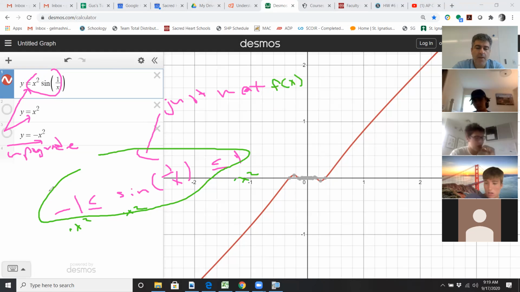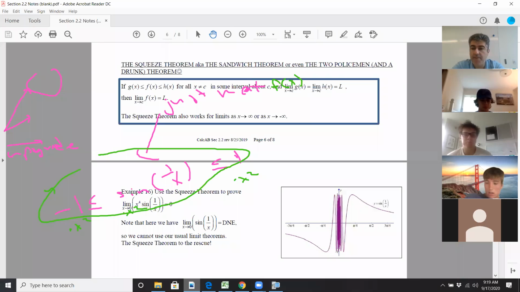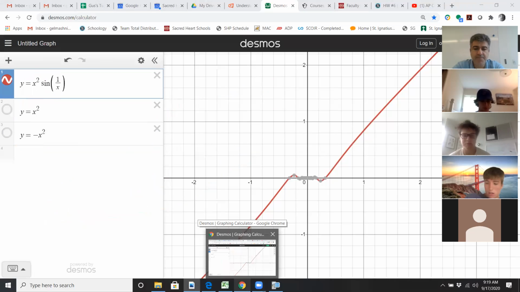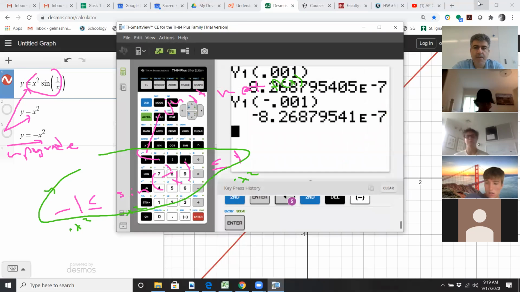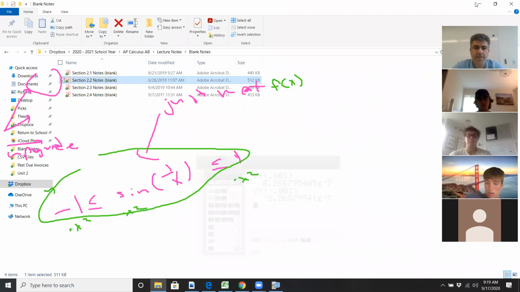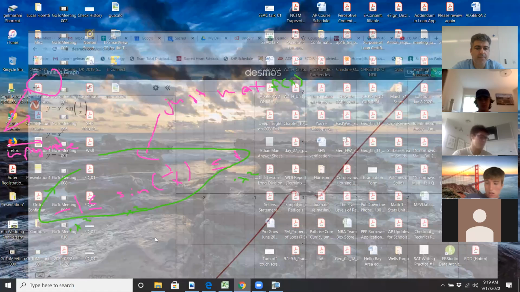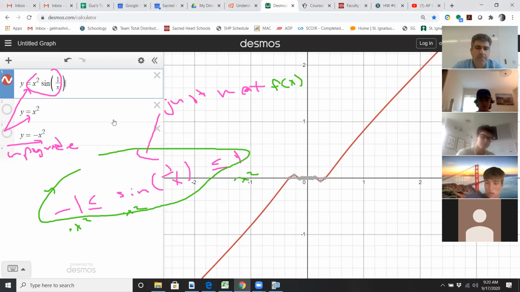And then the lower bun we can call g of x according to our notes, and the top bun we call h of x according to our notes. And so think of the x squared as an upgrade.